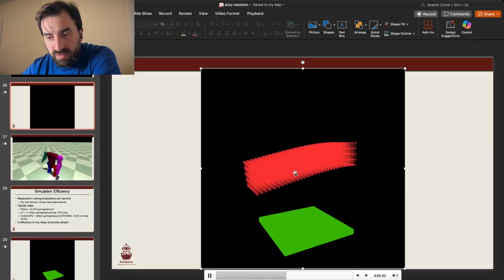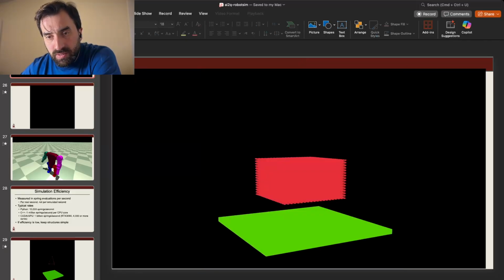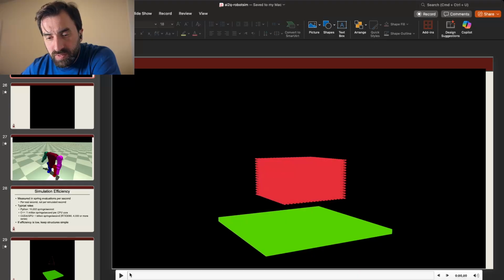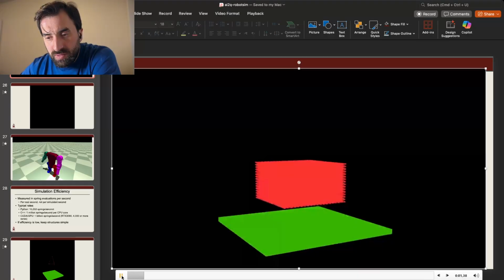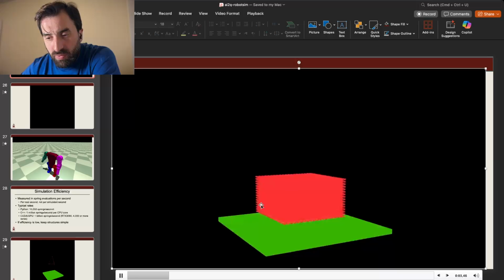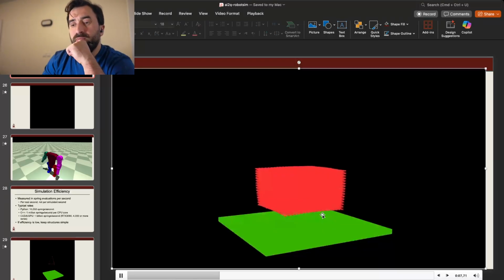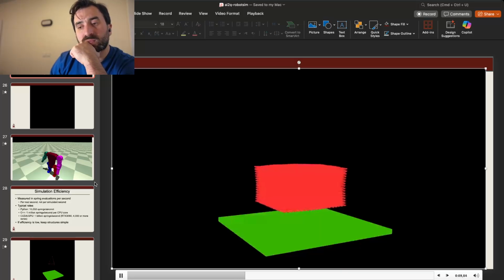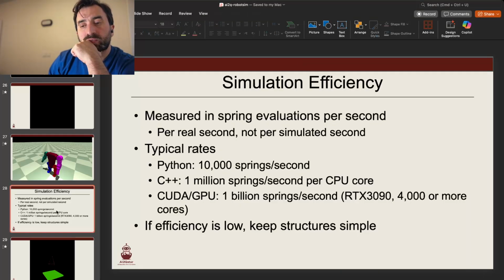It's a cantilever hanging from a wall. This one is actually the same thing, but not a cantilever object. It's a very interesting way of modeling an object.